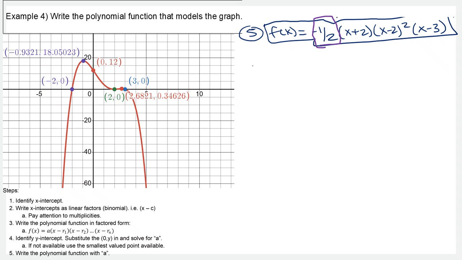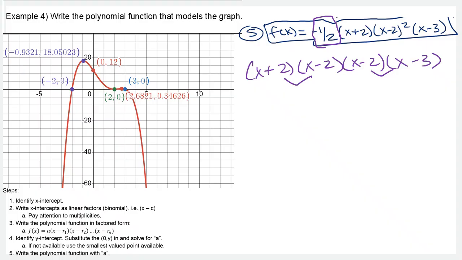Right now we have x plus 2 times x minus 2, and the square means that I have 2 of them, times x minus 3, which should bring you back to our previous problem, where I went through it and did it as the box method. So we're going to multiply these 2 together, then these 2 together, and then multiply them all together.